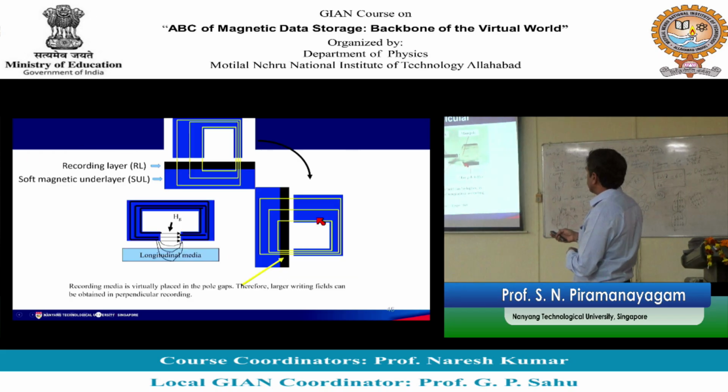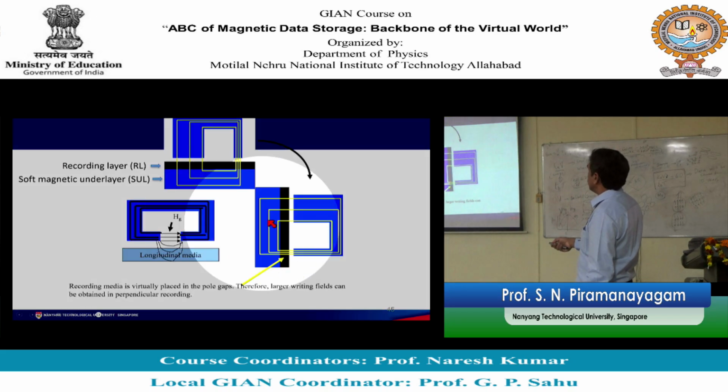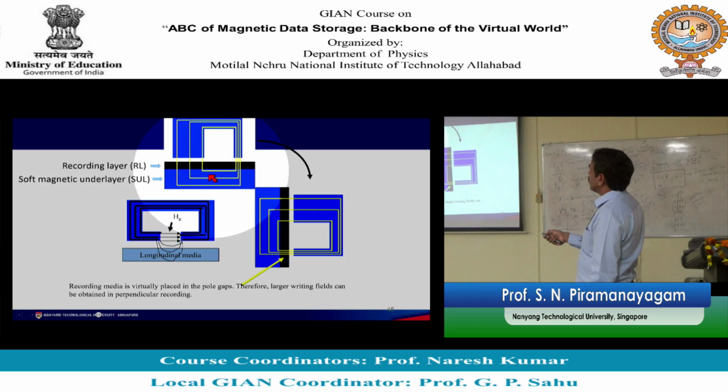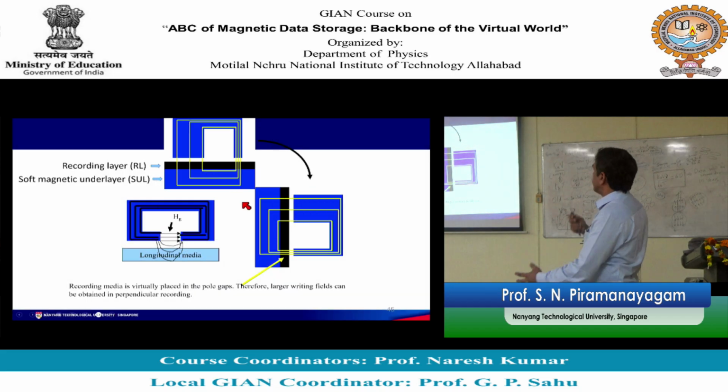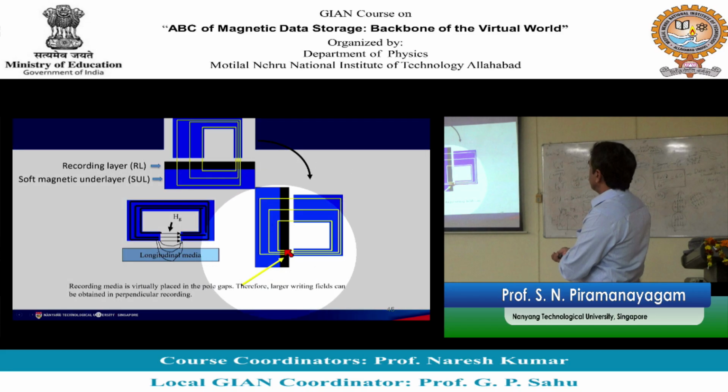So, they finally came up with this design, where by using a soft magnetic material, you can create a mirror image of the head, and you can create a virtual pole gap.